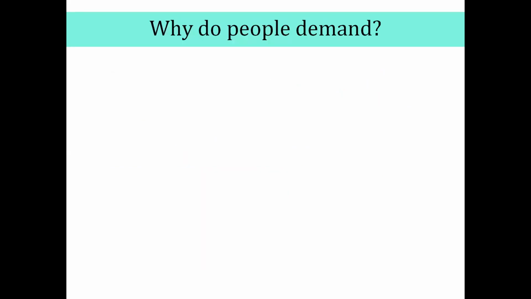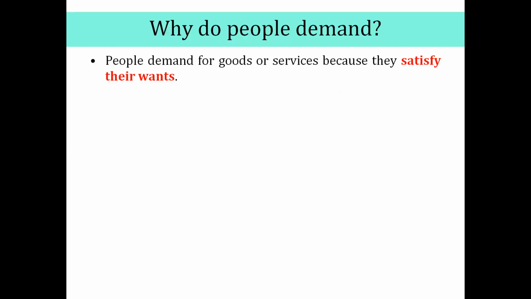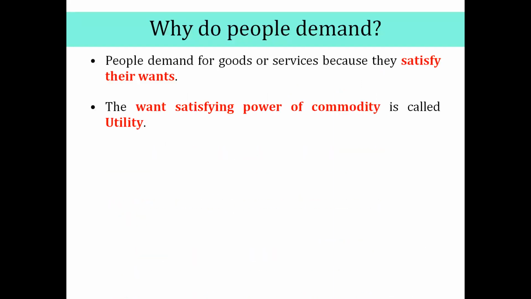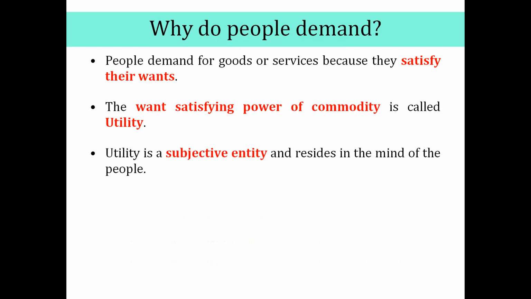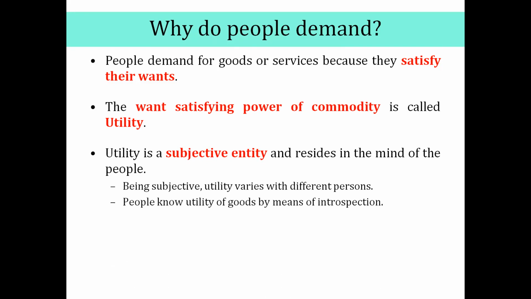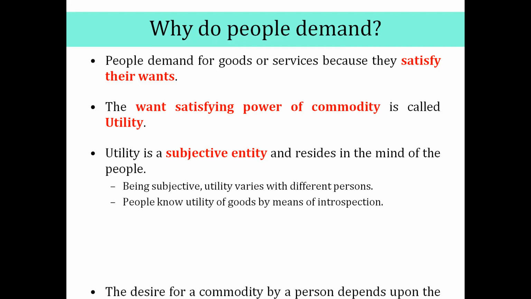Why do people demand? People demand goods or services because they satisfy their wants. The want-satisfying capacity of a commodity is called utility. Utility is a subjective entity and it resides in the mind of the people. Being subjective, utility varies with different persons. People know the utility of goods by means of introspection.